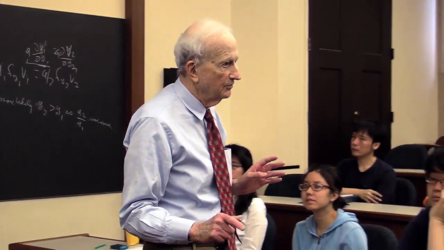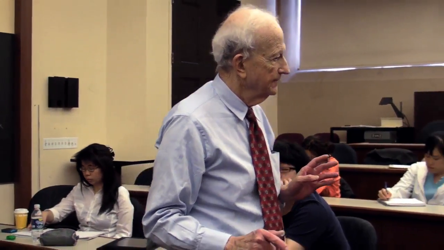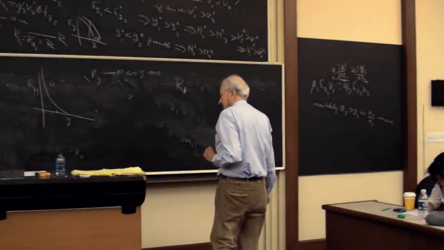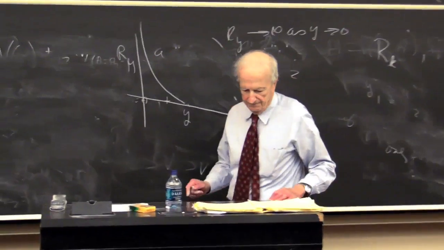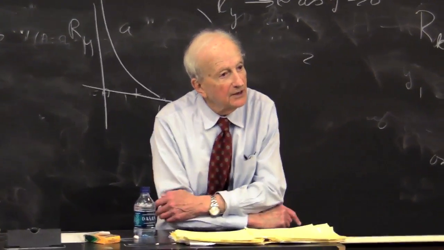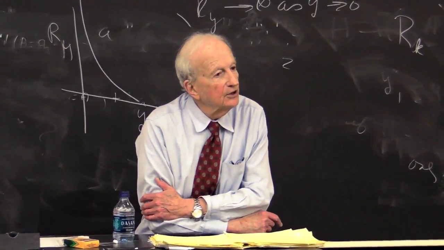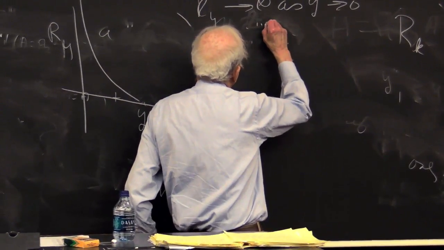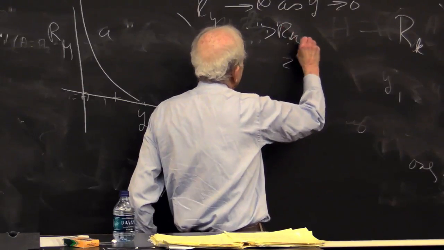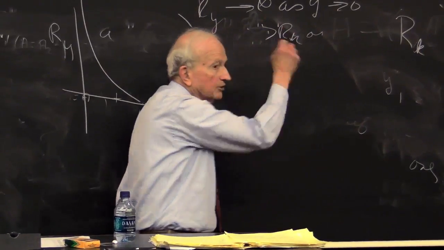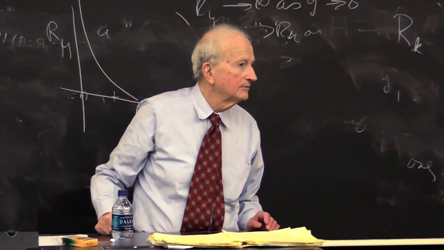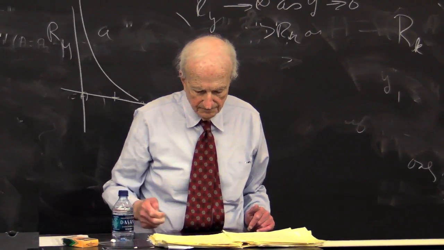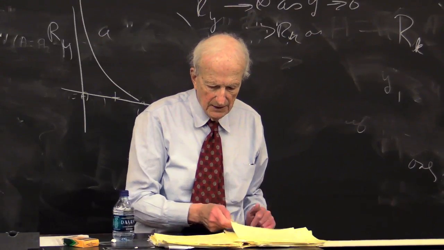Every family is going to do that, regardless of the human capital of the parents, regardless of the ability of the children, as long as this goes to something greater than RK. That's all you need. So it's pretty weak. It's not no content, but it's pretty weak. What's going to happen?